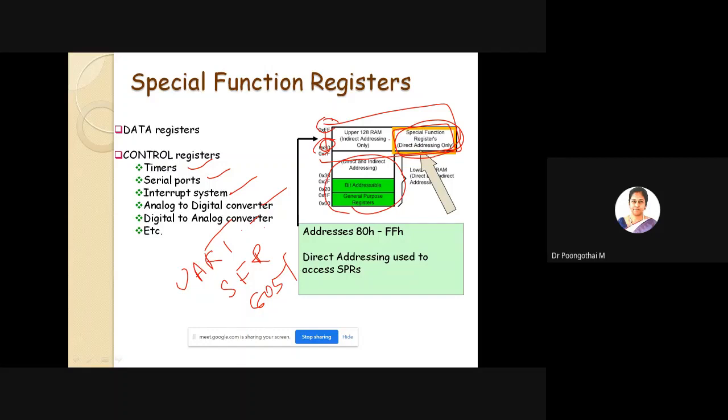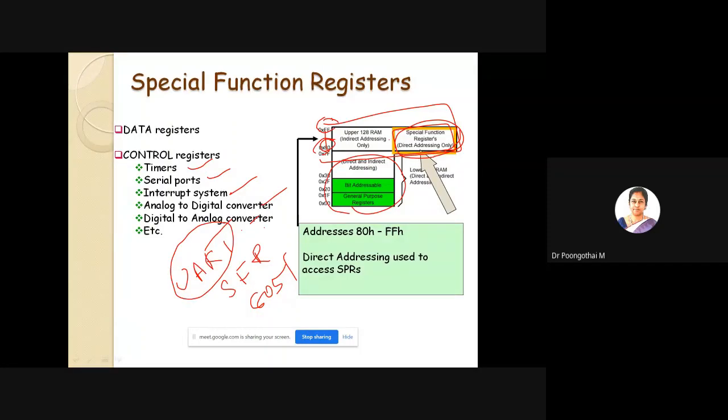Some locations are unused and some are reserved for future purposes, and the unused and reserved locations should not be used by the programmer. The registers perform special functions like timer operation, serial port operation, and accepting external and internal interrupts and serial communication.